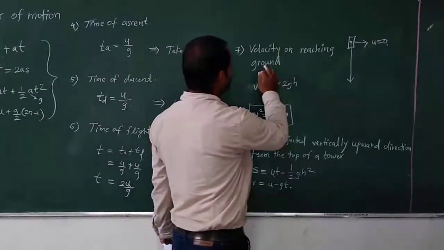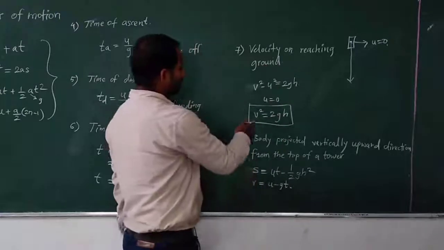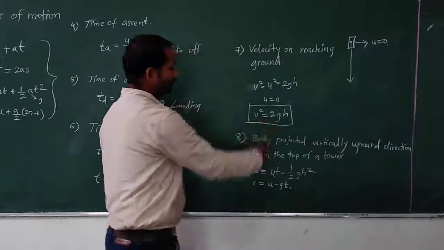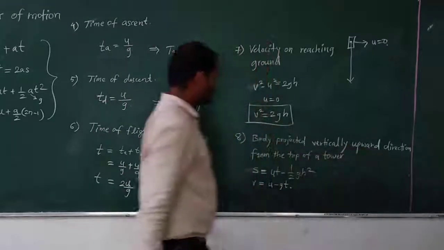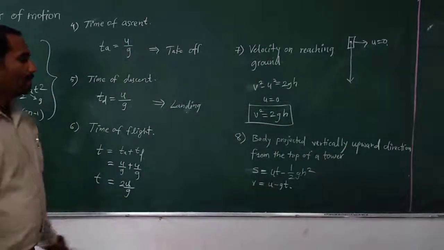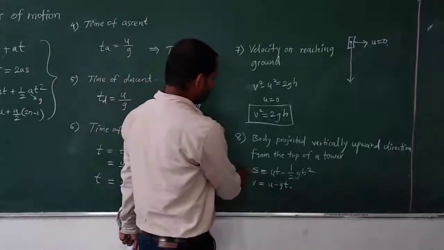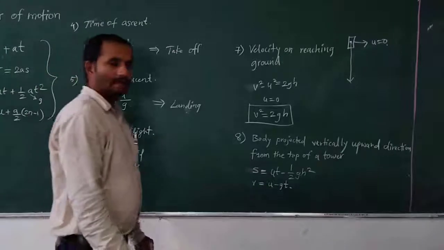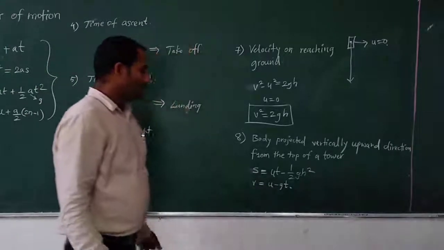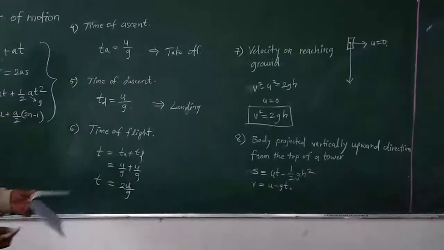Velocity on reaching ground, v square is equal to 2gh. Then for a body projected vertically upward from the top of a tower, displacement is ut minus half gt square, and v is u minus gt.